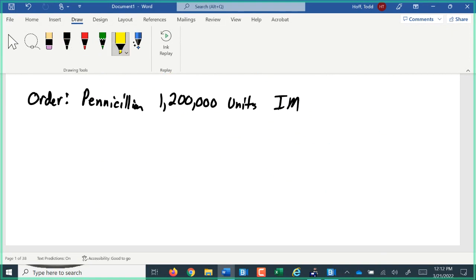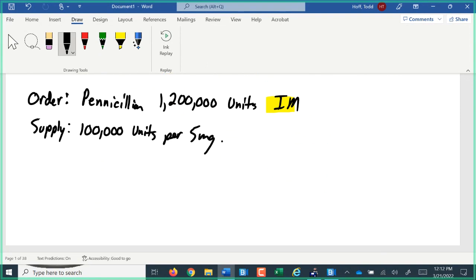The IM simply stands for intramuscularly, so it's just going to be an injection into the muscle. The label on our supply is 100,000 units per 5 milligrams, and 15 milligrams per 4 milliliters.